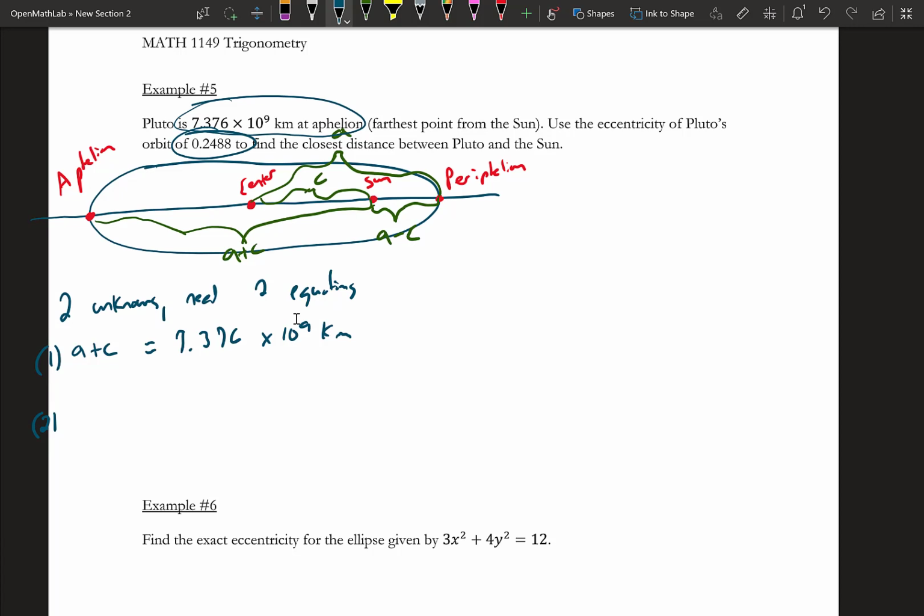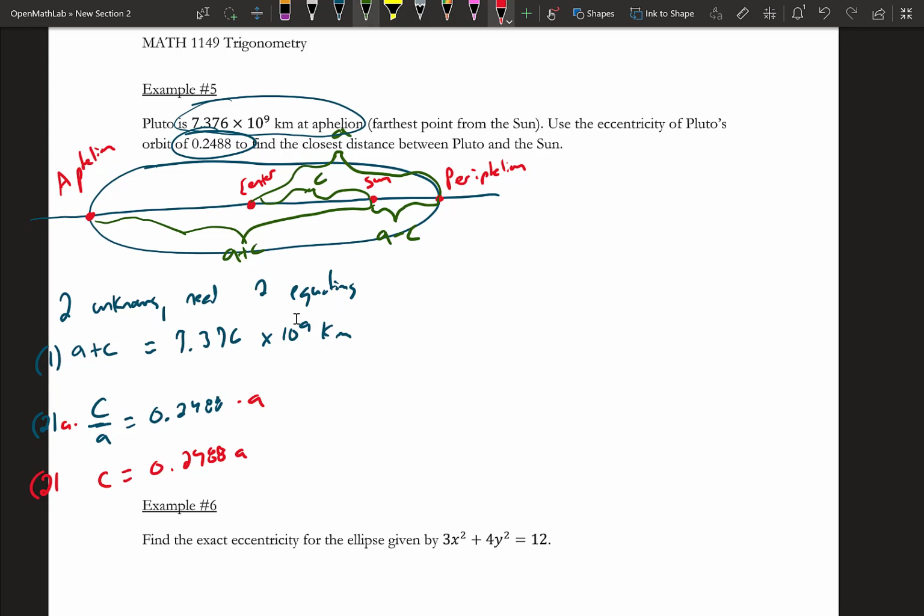Another equation, we'll call this equation 2, that we can get is using the eccentricity, right? So this is found by taking c divided by a, which is equal to the eccentricity, which is 0.2488. And then what I would do is multiply both sides times a to get c equals 0.2488 times a, right, to get maybe a better form of that equation 2.